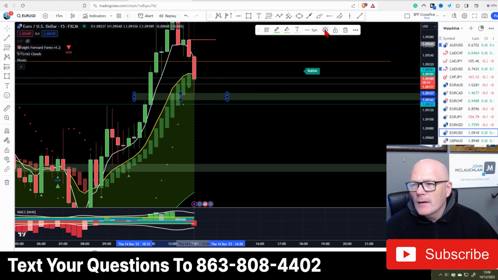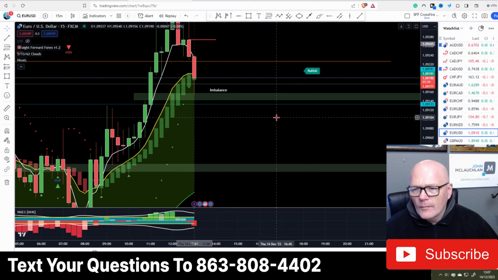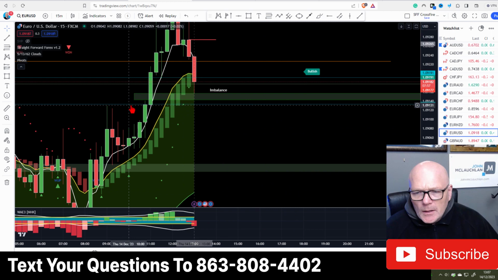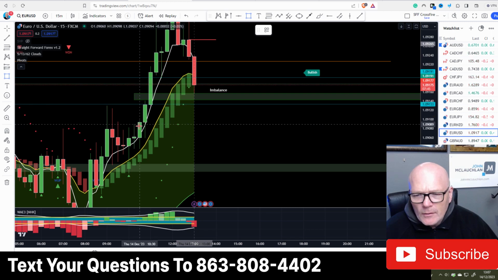There we go. And we've got imbalance here. So the imbalance only relates to the first and third candle. So there's no first or third candle there. This one should have been covering it, and that one should have been covering it. So that's imbalance.